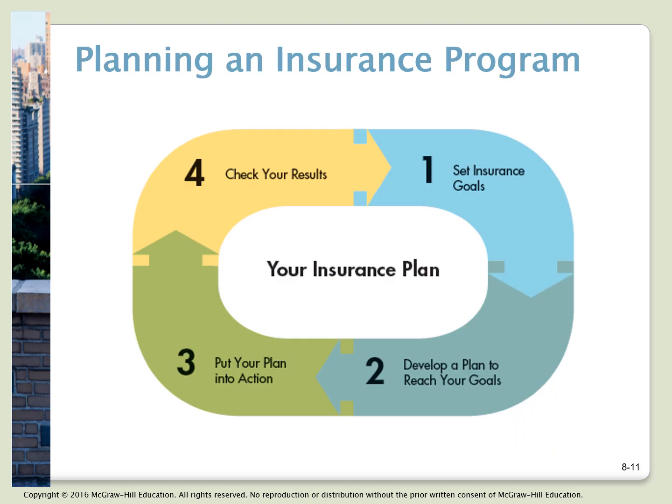So once again, in planning your insurance program, you want to set up what your goals and intentions are. If you're looking at life insurance, or in this case automobile insurance or homeowners insurance, what is it that you want to insure against? How much is enough? How much auto insurance do you actually need? How much protection do you need? Similarly with homeowners insurance, you want to insure the replacement value, for example, of the automobile.